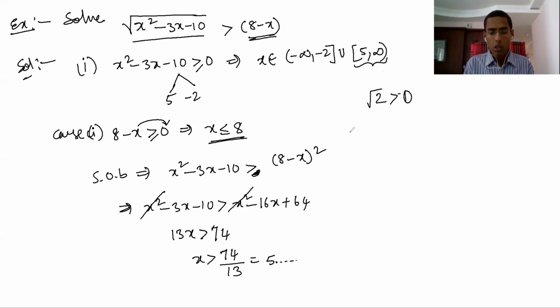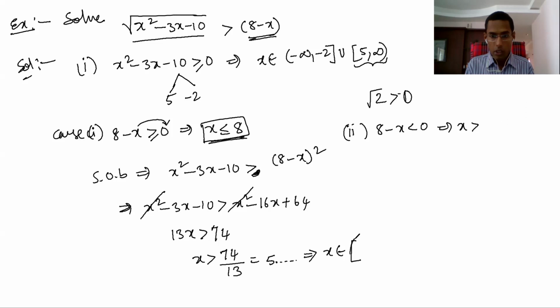So the next is 8 minus x is less than 0. Another thing we should check is x must be less than or equal to 8. So here in this case I got the solution, finally 5 point something. So x belongs to 74 by 13 to 8 closed.